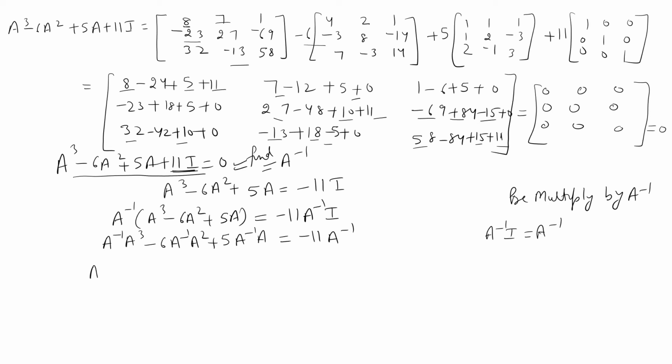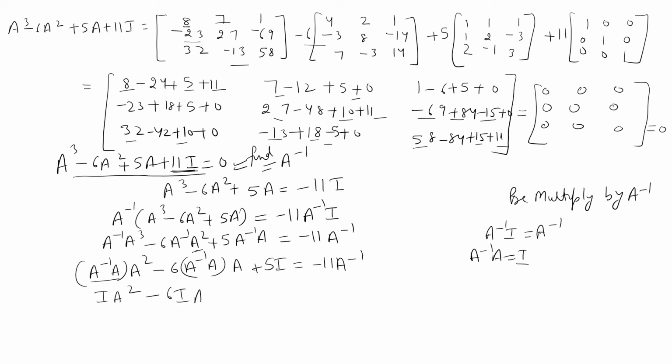Now start adjusting: one A goes into A square, so A inverse A cube becomes I A square. Minus 6 A inverse into A, with one A taken from here, and A inverse into A is equal to I. So this is 5I, equal to minus 11 A inverse. So this becomes I A square minus 6IA plus 5I is equal to minus 11 A inverse. So I A square is A square, minus 6A, plus 5I is equal to minus 11 A inverse.